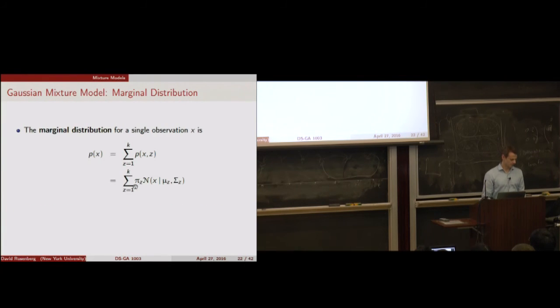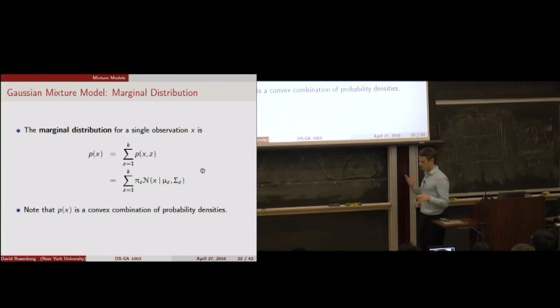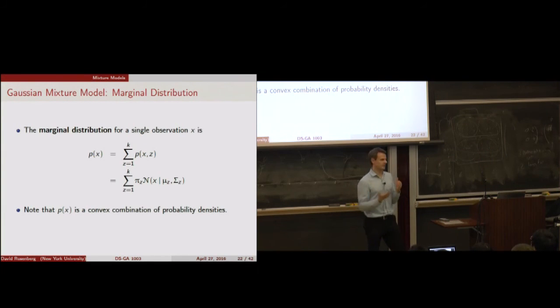So marginalizing out over z, it becomes a pi of z. It's a distribution over clusters, right? So the sum of all these pi z's is 1. And each of these is a Gaussian distribution on x. So this is a convex combination of distributions. That's what a mixture model is. It's when you can write your likelihood function or density or probability as a convex combination of other likelihood functions.